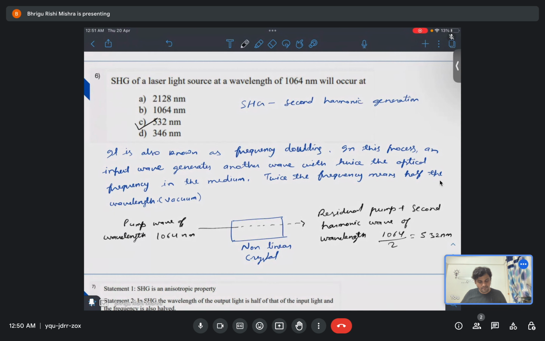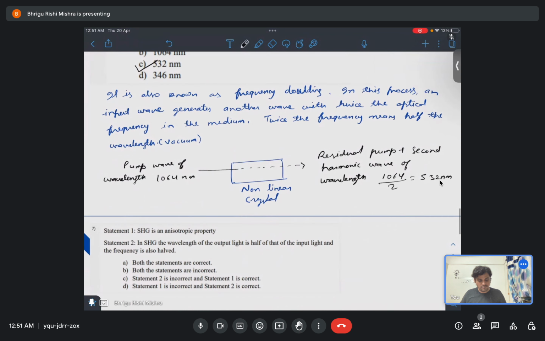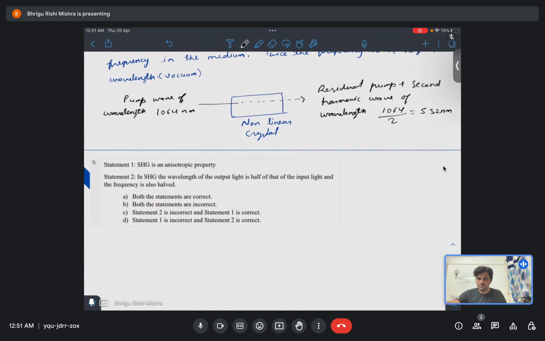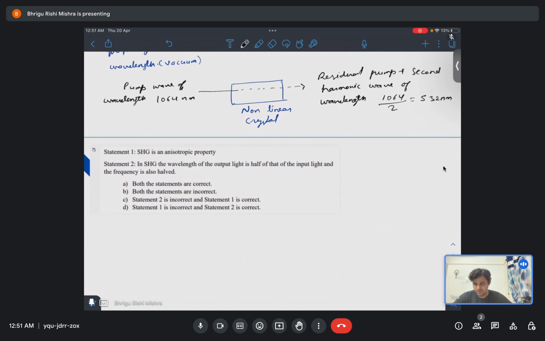So let's move on to the next question, number 7. Statement 1, SHG is an anisotropic property. We just discussed that SHG is only happening in non-linear crystals, so of course it is an anisotropic property.